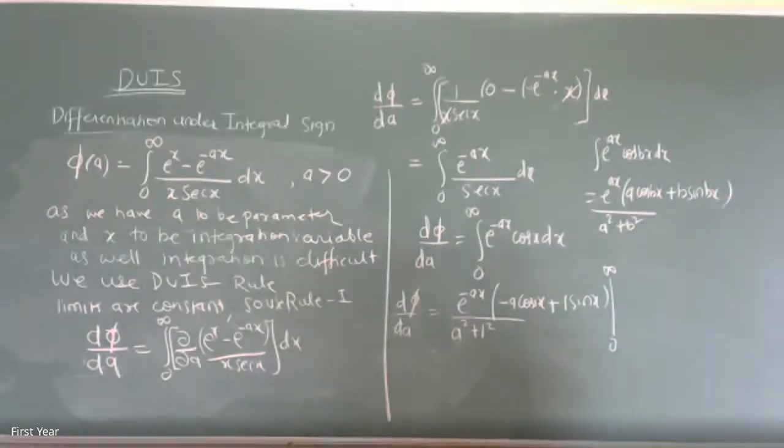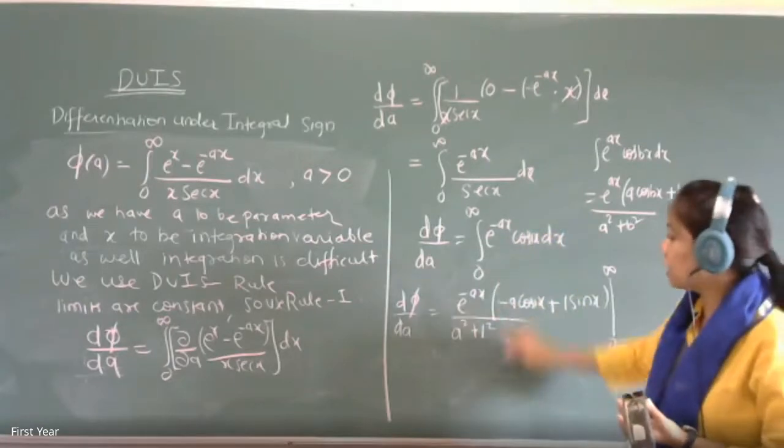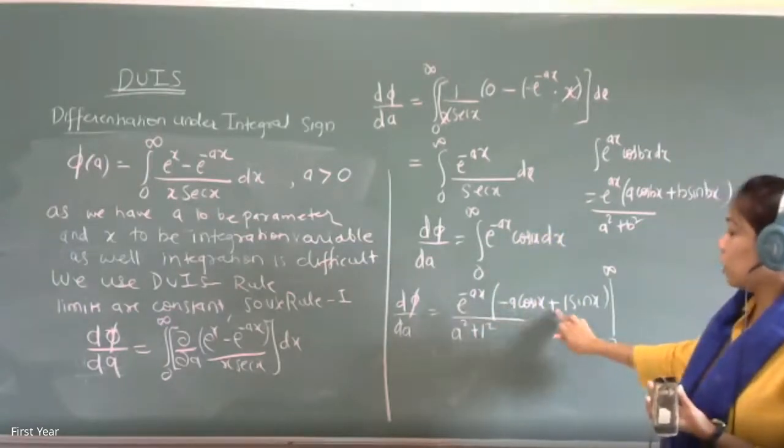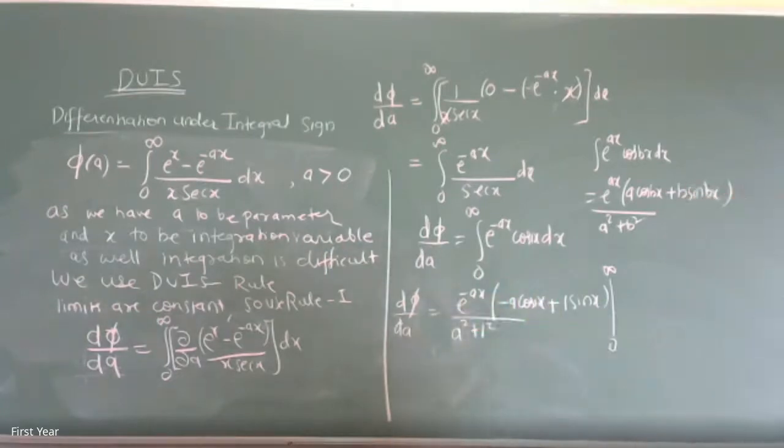This is the formula which we have written, and it was proved also by one of the students in my semester. Here b is 1 and a is minus a. So it is minus a cos x plus 1 sin x upon a square plus 1 square. Clear?